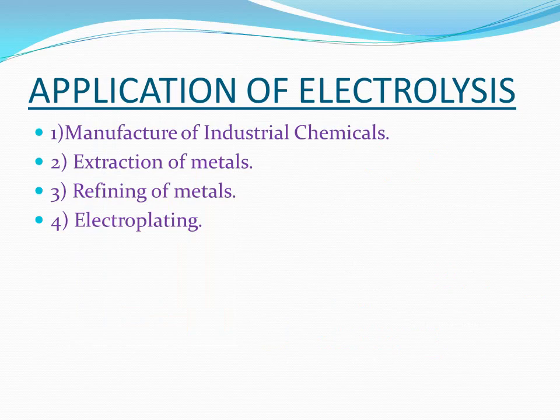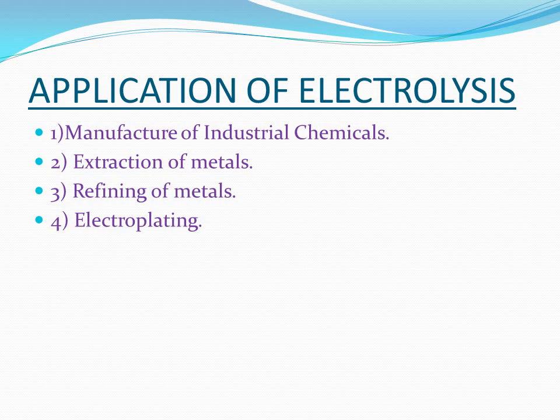Then, applications of electrolysis. What do we mean by applications of electrolysis? It actually means its uses, that is, where this process can be applied. As we know, we can separate things. We discussed how water molecules are separated into hydrogen and oxygen.